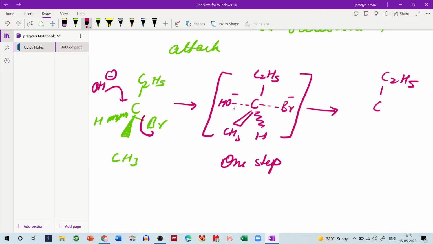Since the nucleophile attacks from the back side, OH comes on the opposite side of the bromide, and you have this as the product along with the removed leaving group. So there is another factor involved, that is inversion of symmetry.